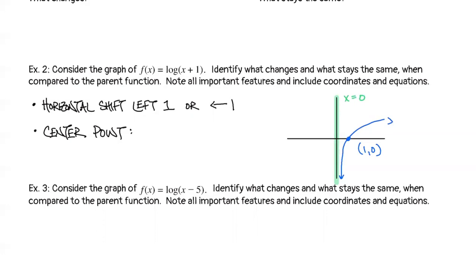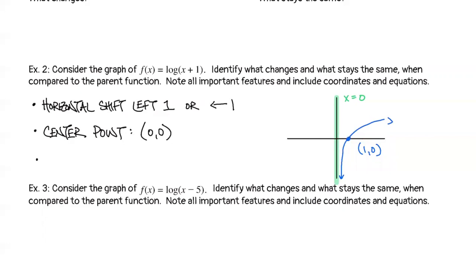So if I take this blue log function and I move it to the left 1, what does my new center point become? 0, 0. Perfect. Because I take this 1, 0, and I literally move it over 1 to the left, 0, 0.